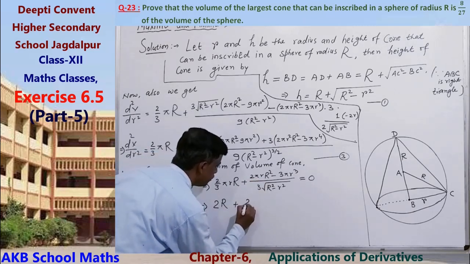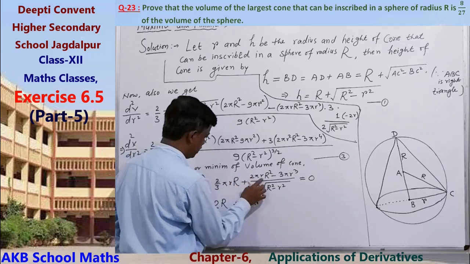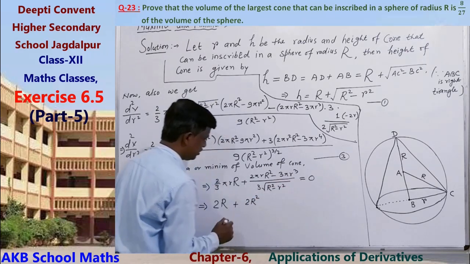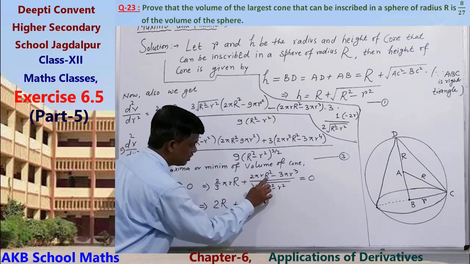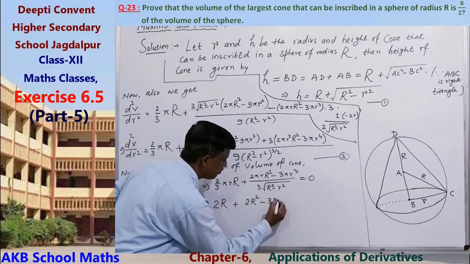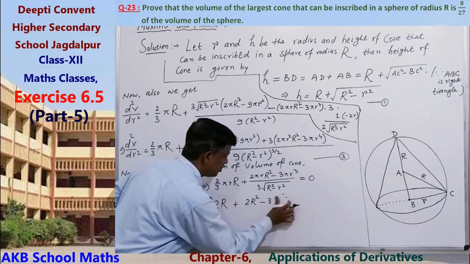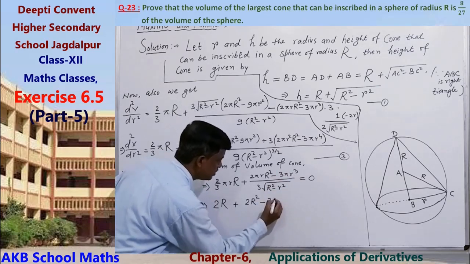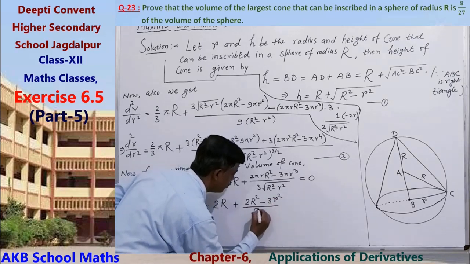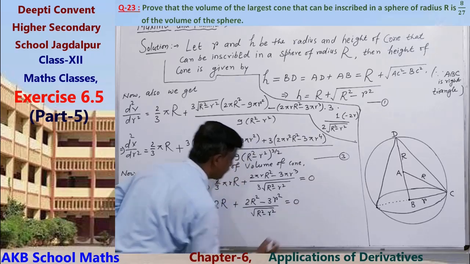So 2 R square minus 3 pi r square, 3 r square, pi r means r square upon root of R square minus r square equals 0.